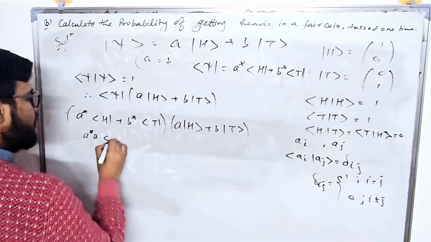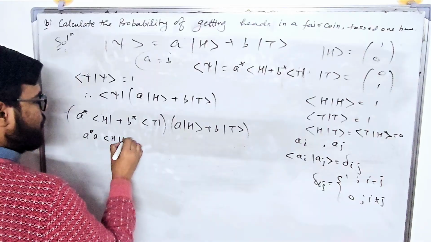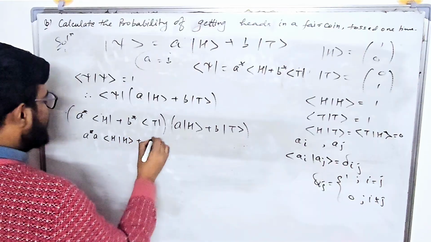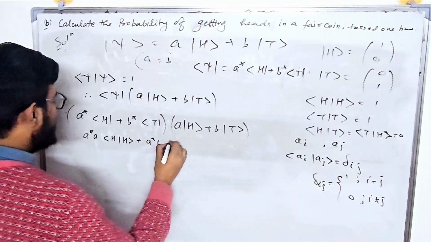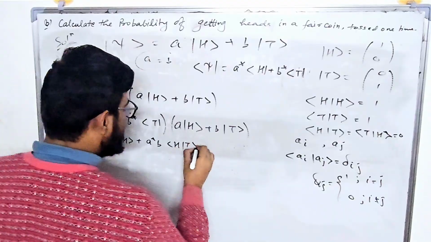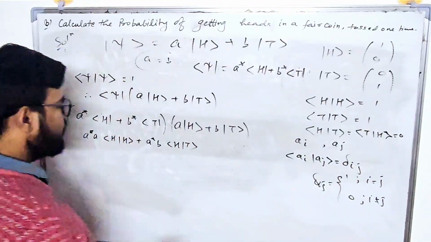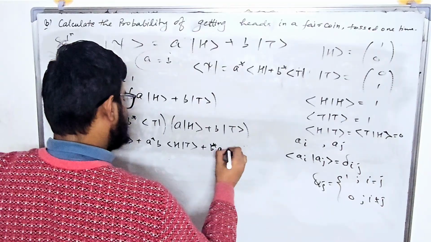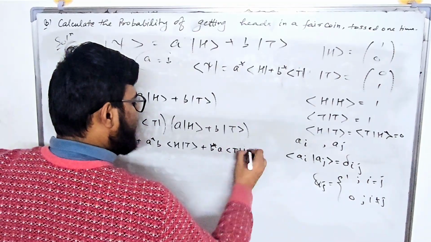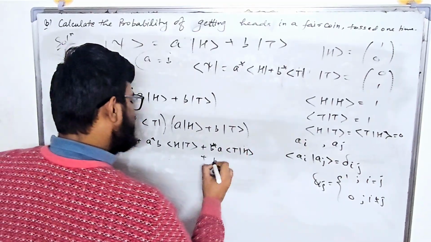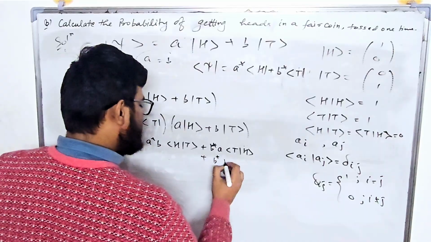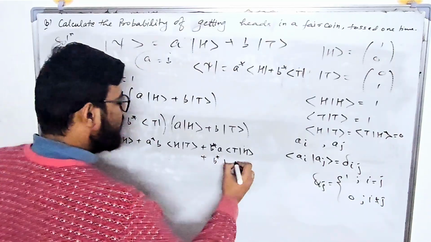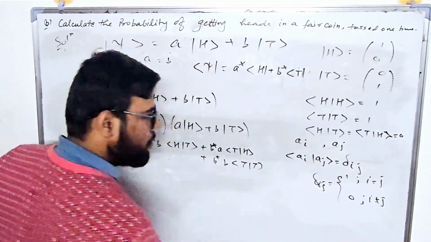So just multiply. You will have over here a star a, inner product of heads with heads, plus a star b, inner product of heads with tails, plus b star a, inner product of tails with heads, plus b star b, inner product of tails with tails, right?